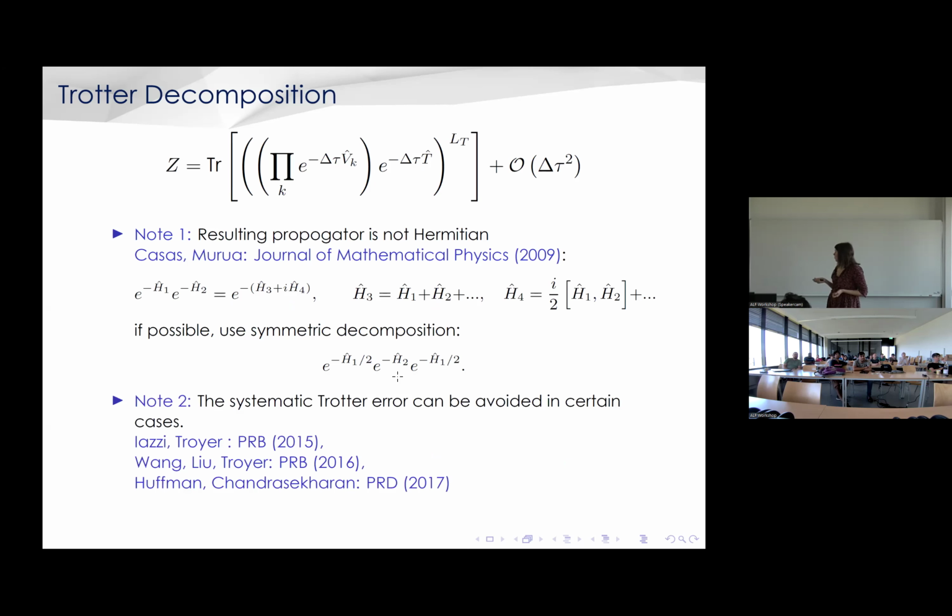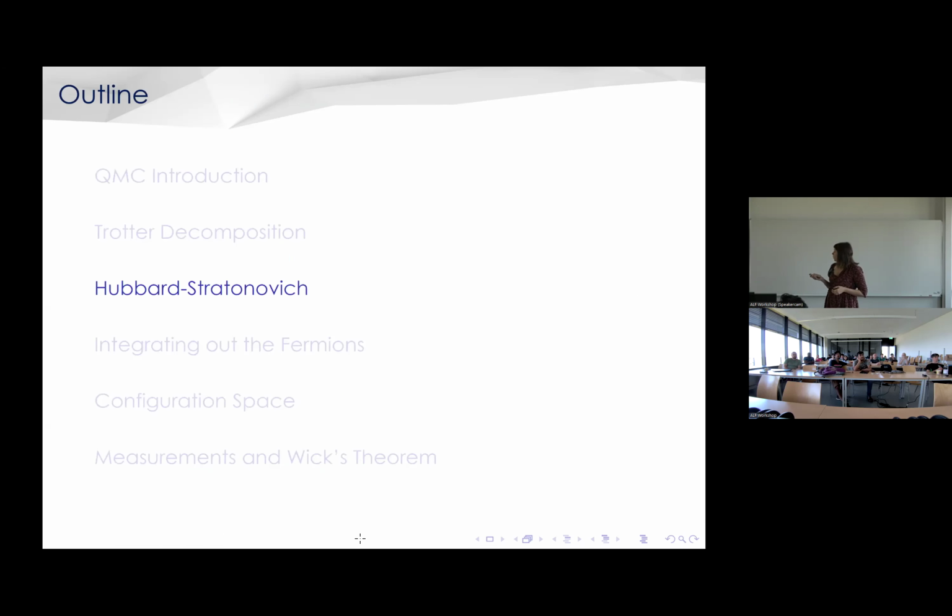You can avoid it in certain cases, but these are other methods. And there's another note that with auxiliary field techniques in particular, there are higher order Trotter decompositions that one can do. And Flo has a paper about that if you do want to get this delta tau squared error smaller than that.